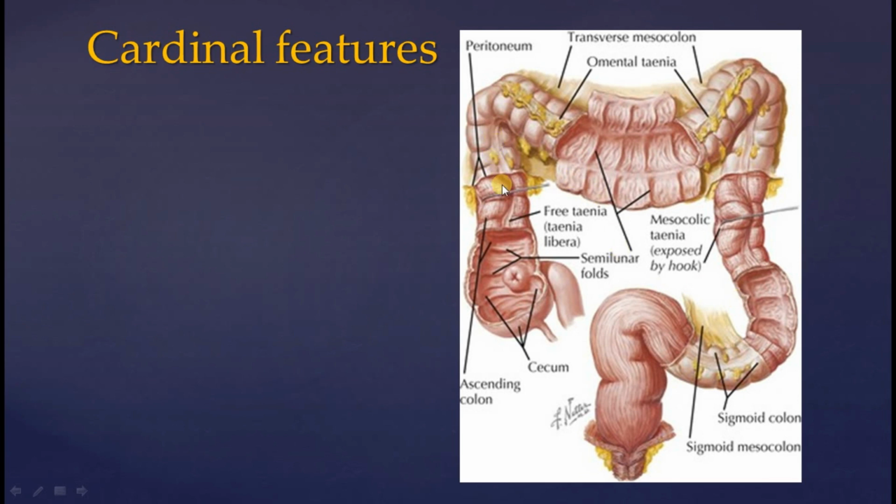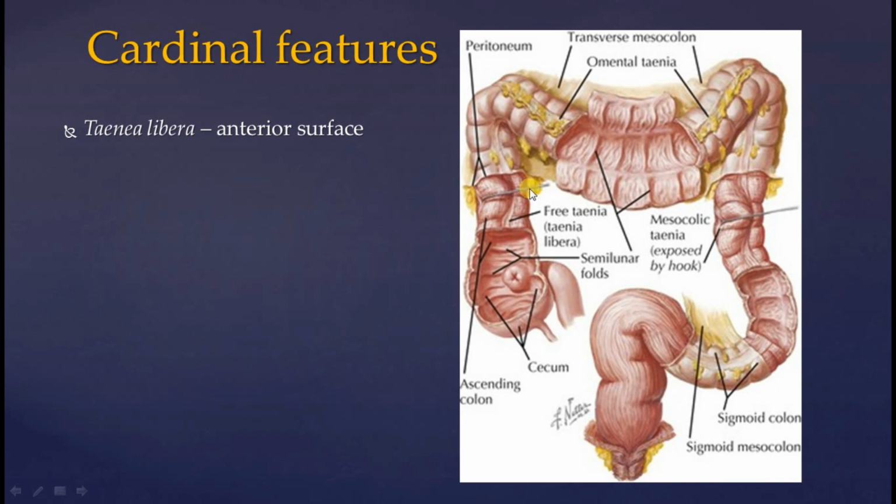The outer longitudinal layer, instead of surrounding the whole gut, is concentrated in three places with respect to the large intestine or colon especially, and that is called the tinea. They are tinea libera, tinea omentalis, and tinea mesocolica.